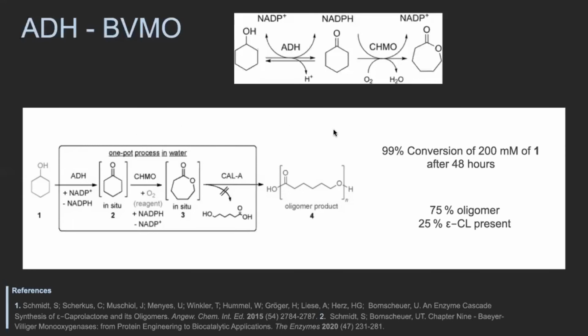In this way, they managed to have a 99% conversion of 200 millimolar cyclohexanol. When they looked at the product, they realized that they had 75% of the oligomer and 25% still in the lactone form.